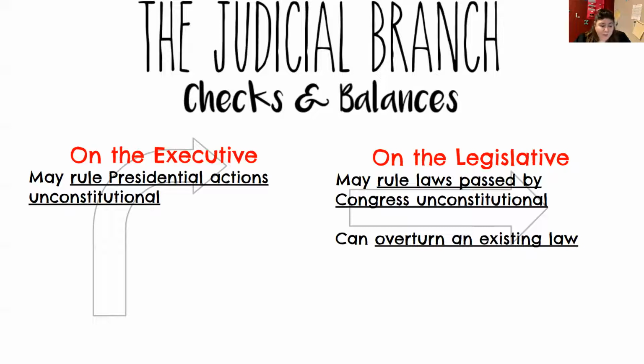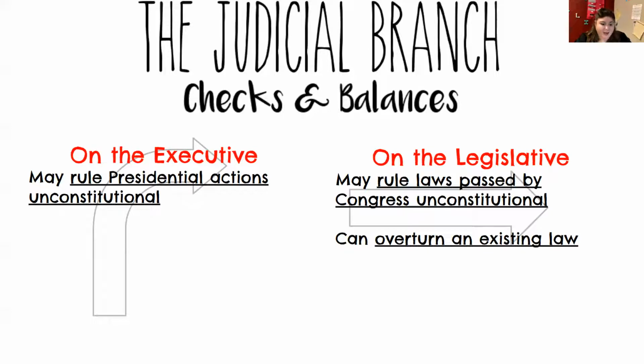Let's say Congress passes a law that says it is illegal to be left-handed. Obviously there are many left-handed people in the world, and that would be very unconstitutional. The judicial branch can look at this bill and say it is unconstitutional, take it to court, explain why it's unconstitutional, and kill that law and remove it from the federal court system as well as the federal legislation.